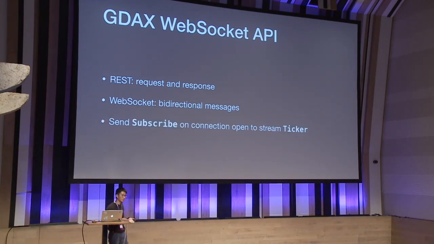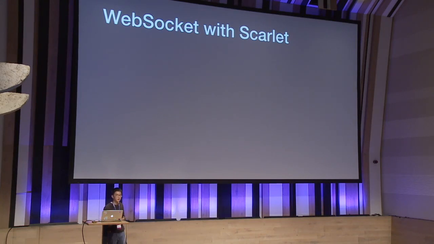In order to receive tickers from GDAX, the client will need to send a subscribe message to specify what kind of tickers it wants on the connection when the connection is open. Otherwise, the server will not send messages to you. So let's dive right in.